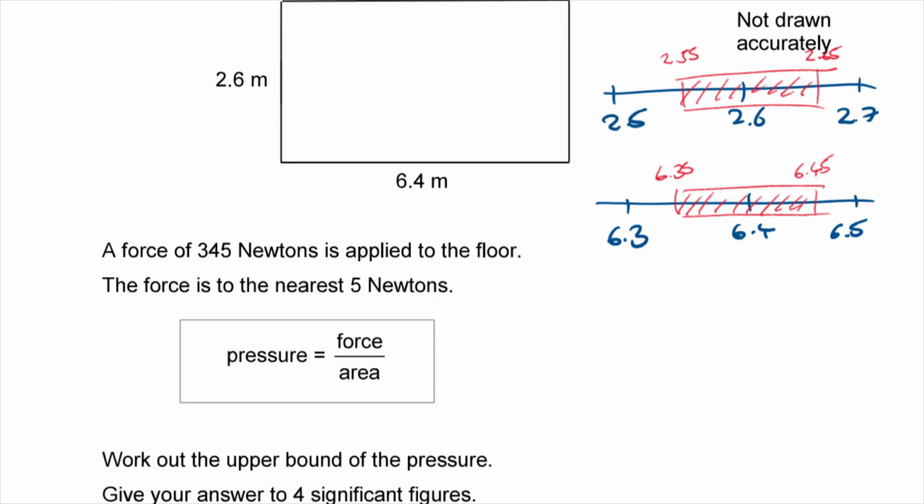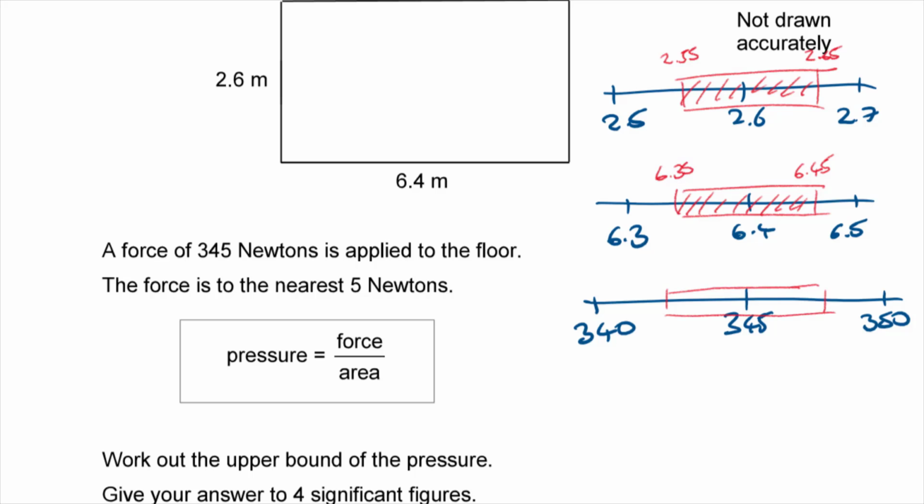We're told a force of 345 newtons is applied to the floor, and that force is given to the nearest 5 units. Again, drawing 3, 4, 5: 5 units above would be 350, and 5 units below would be 340.